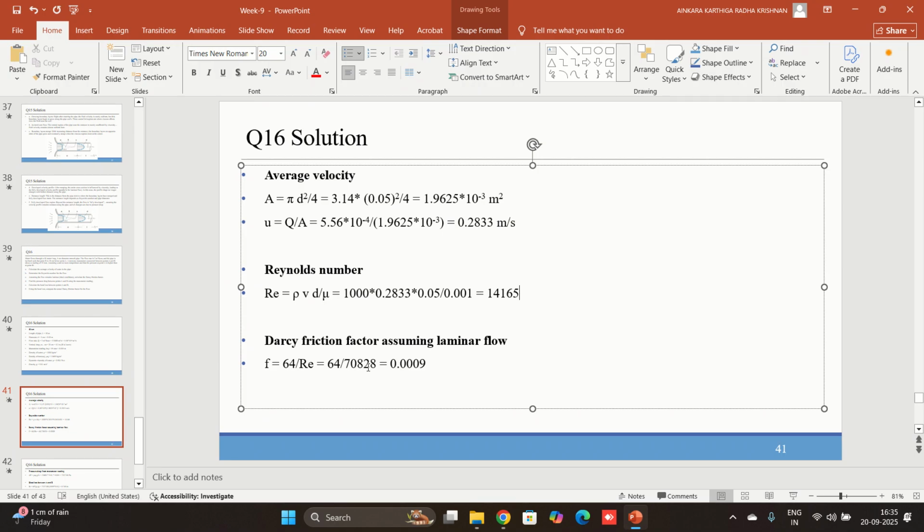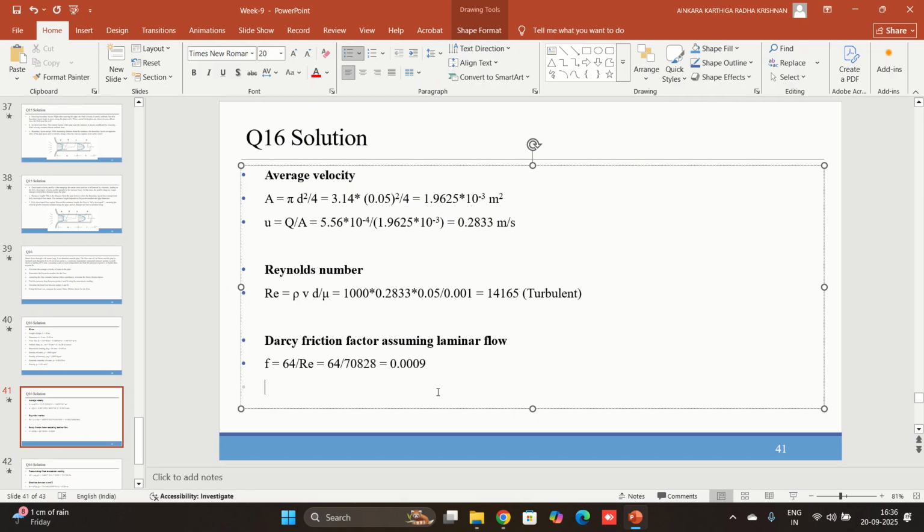Okay. Now we have to find the Darcy friction factor, assuming the flow as laminar flow. Flow is not laminar, flow is turbulent, like how we saw in the previous problem, but we are just assuming it.